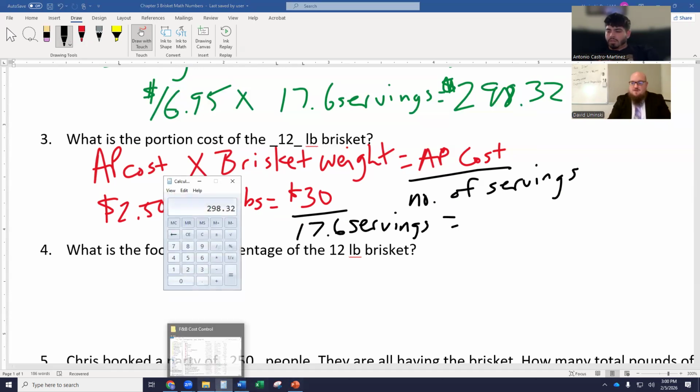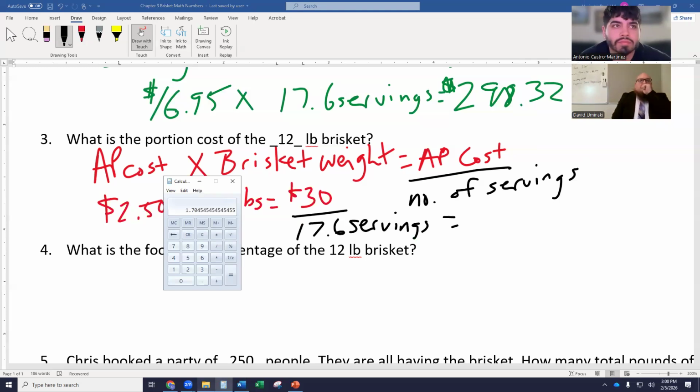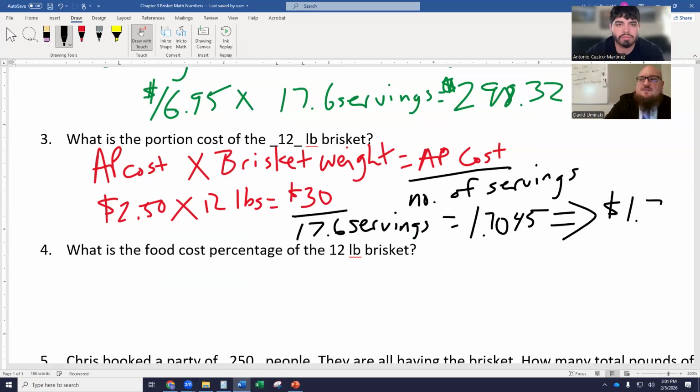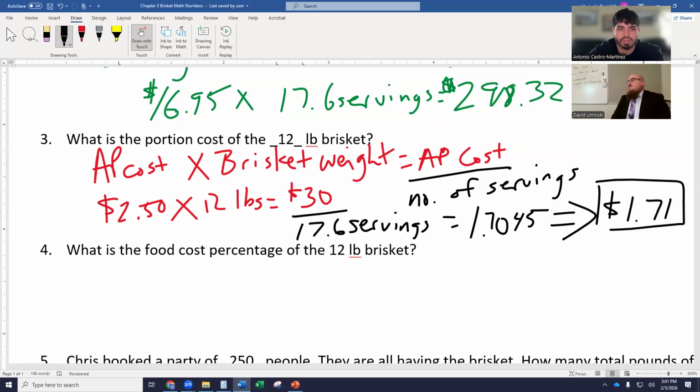All right, we get 1.7045. So what was this going to round up to? $1.71. That's my cost per serving.